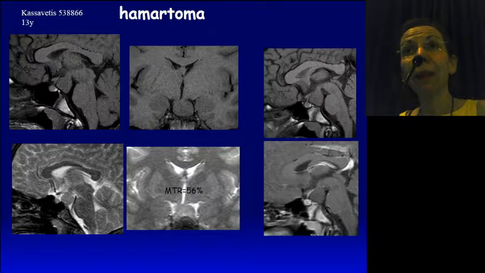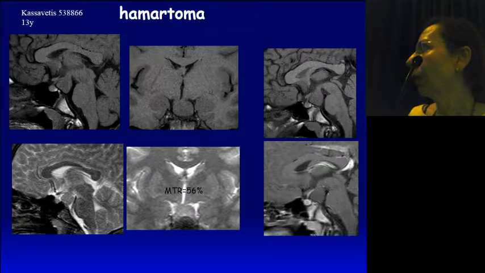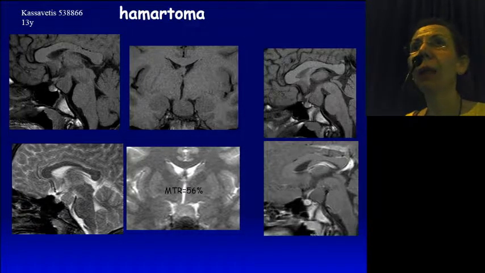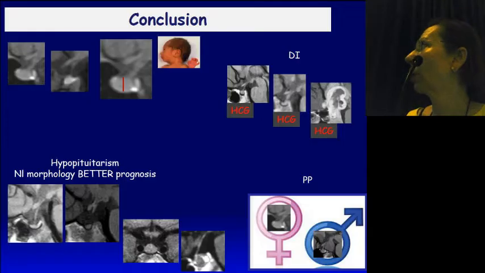They probably secrete, but they secrete subcomponents of hormones that are not active. So if you measure the magnetization transfer ratio, it's quite high, suggesting that there is a prominent rough endoplasmic reticulum, producing macromolecules, but these macromolecules are not active like the normal hormones. These are subunits of normal hormones.